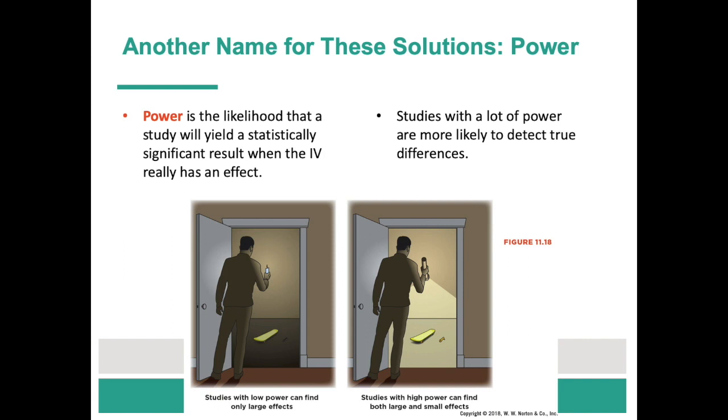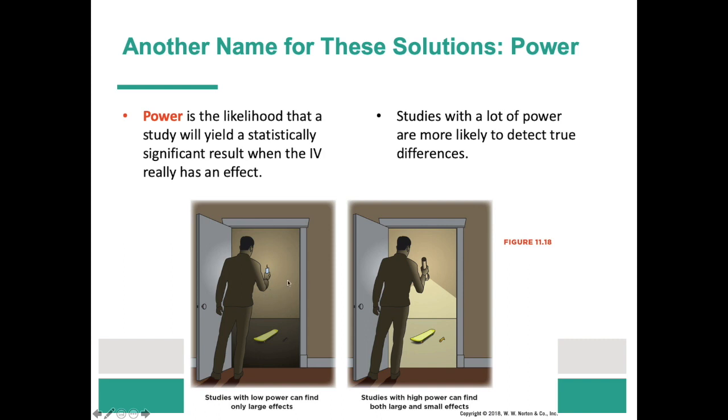Overall, these solutions are tied to this idea of power, statistical power. As a reminder, power is the likelihood that a study will yield a statistically significant result when the IV really has an effect. So the effect really is out there. Studies with a lot of power are more likely to detect true differences. So consider this example right here.